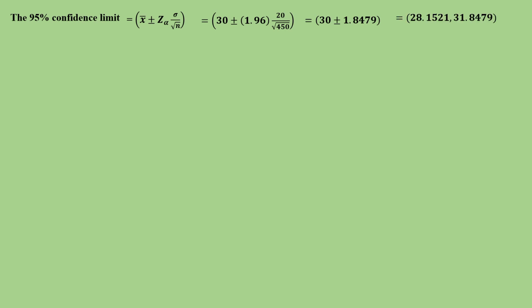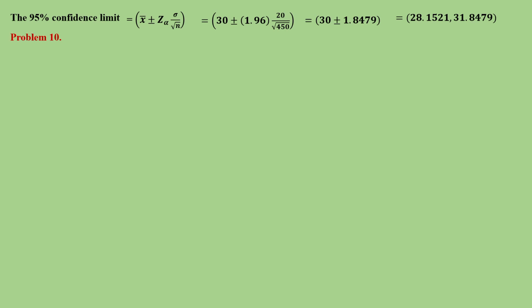So 95% confidence limit, we are going to find, formula is x bar plus or minus z alpha sigma by root n. Substituting these values, you will get 30 plus or minus 1.8479. Taking the minus value first, 30 minus 1.8479, that is lower limit, 28.1521. Then taking the plus value, 30 plus 1.8479, that is the upper limit, 31.8479, right?